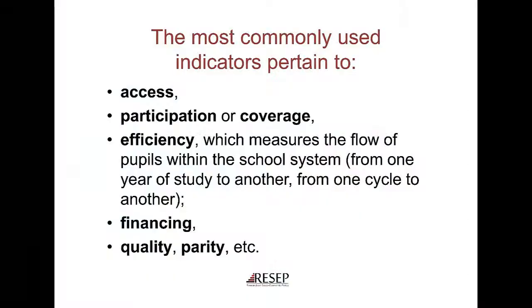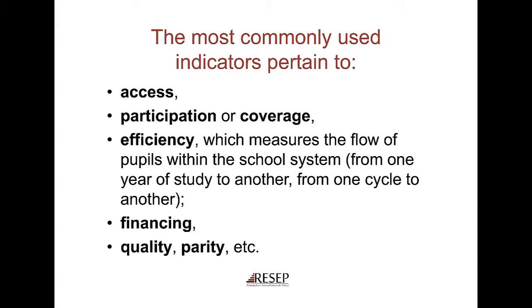So let's say, what are the most commonly used indicators pertaining to? Well, you've got one related to access. We spoke quite a bit about that this morning. Participation or coverage.